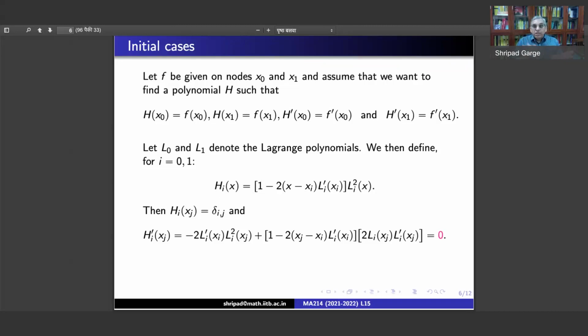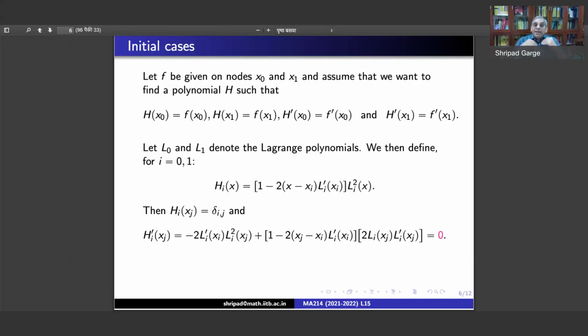If you call them h0 and h1, h0 has the property that its value on x0 is 1 and its value on x1 is 0 and its derivatives on x0 and x1 are also 0. Similarly, h1 is the polynomial whose value is 1 on x1, whose value on x0 is 0 and whose derivatives are 0 on both x0 and x1.